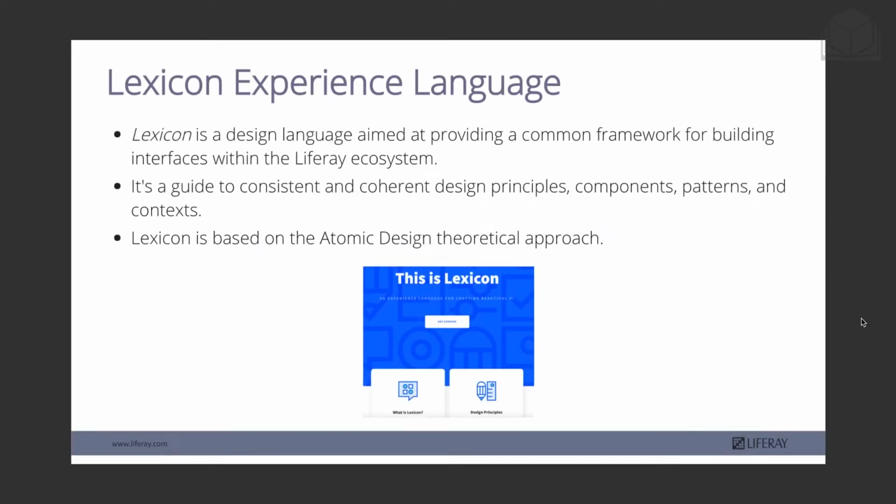To start, Liferay has its own experience language. If you're not familiar with what an experience language is, it is essentially a set of design principles, patterns, components, and different things like that that allow us to develop something that has the style of a particular product. An easy example of this would be Material Design for Google.